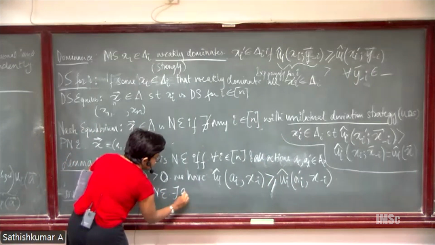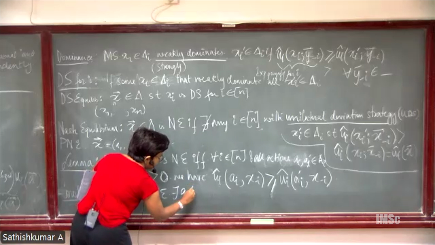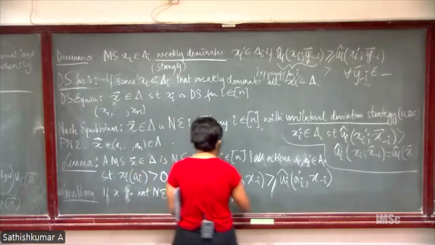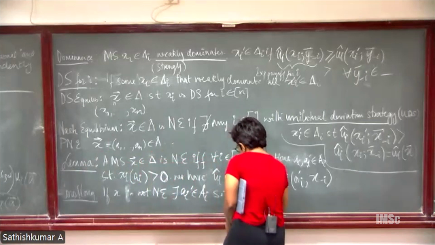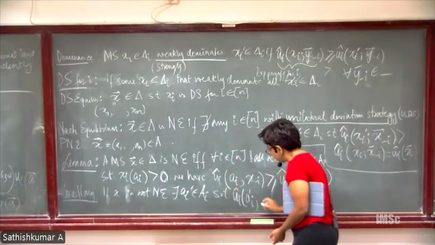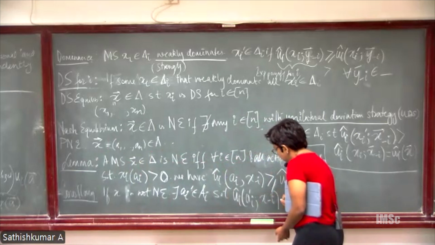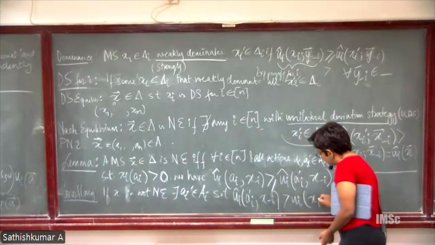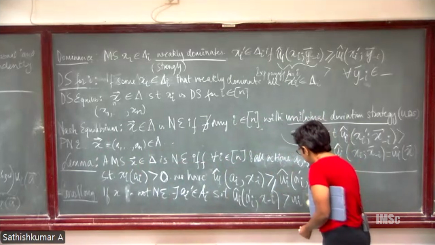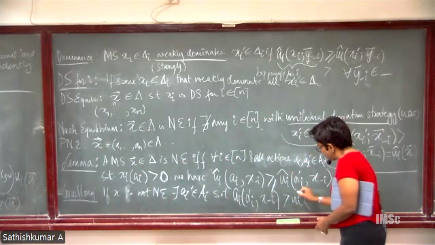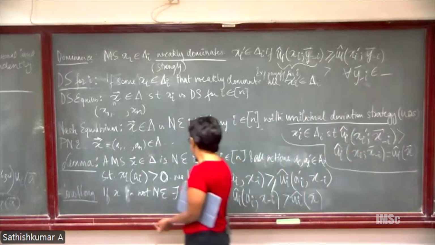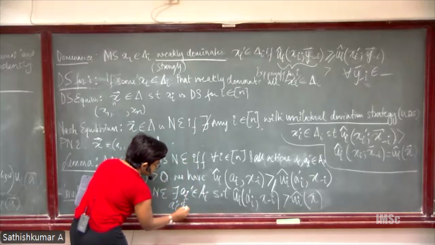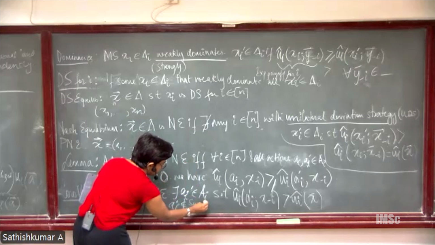So I can say that if X is not a Nash equilibrium, there exists a_i prime such that, all these are expected payoffs, okay? There exists an a_i prime.